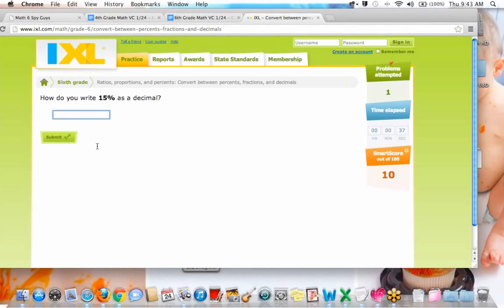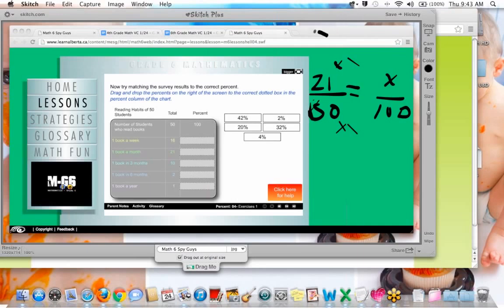Awesome. So this actually is asking us to convert between percents and decimals and fractions. So we have 15%. How would I write that as a decimal? Exactly. Good job, Jack. I'm going to clear my board and just show you a really easy way to see it.